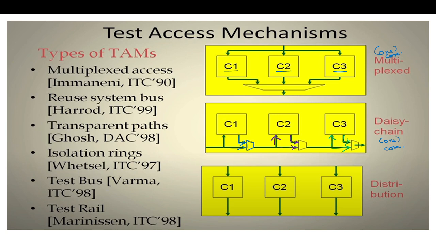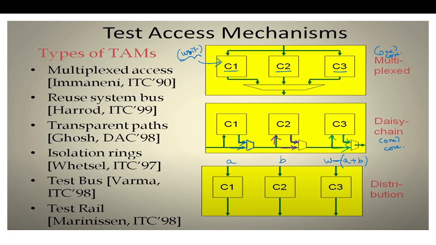Similarly, if we have multiple TAM, say we have a W bit TAM, instead of using the complete W bits for C1 or C2 or C3 in a multiplexed or daisy chain based method, we can distribute these W bits, say 3 bits here or 4 bits, W minus 4 plus 3, or say A bits for this, B and A. So in this way we can distribute the TAM so that we can now test C1, C2, C3 in parallel as long as the power budgets are maintained.